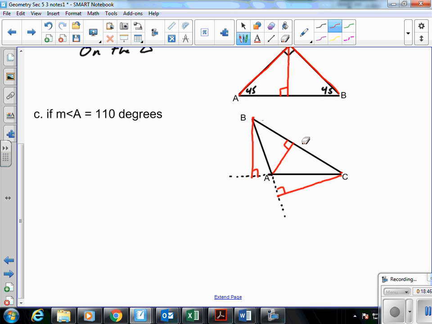None of them are intersecting. So I'm going to have to go ahead and extend those lines out further. And when I do that, I see that they all come together way outside the triangle over here. So here's my point of concurrency, and it is definitely outside the triangle.